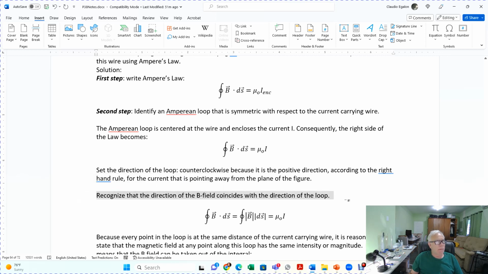Because the direction of the B field coincides with the direction of the loop, we can state that this dot product is going to be just the magnitude of B times the magnitude of ds. And the enclosed current is going to be I.